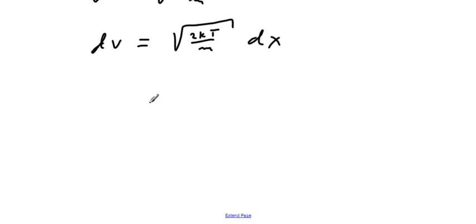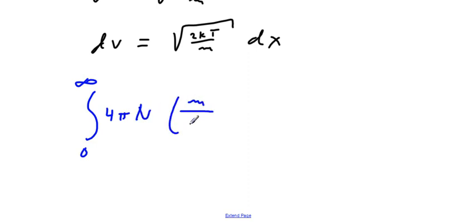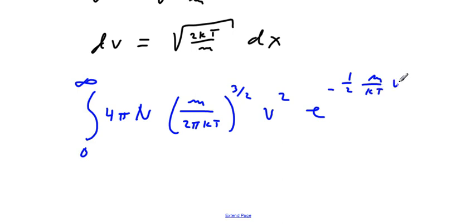Now if I do that change of variable, I end up with the integral from 0 to infinity of 4 pi N times m over 2 pi kT raised to the 3 halves, v squared, e to the minus 1/2 m over kT v squared. Well, that turns out to be my original guy. So that's my original guy.